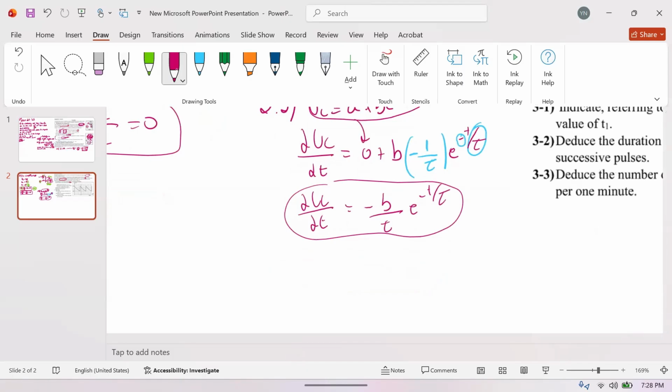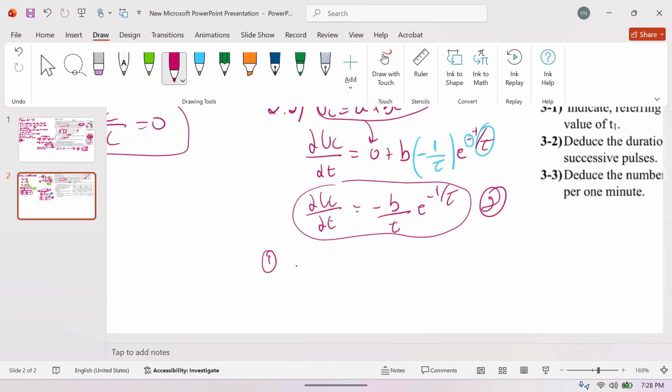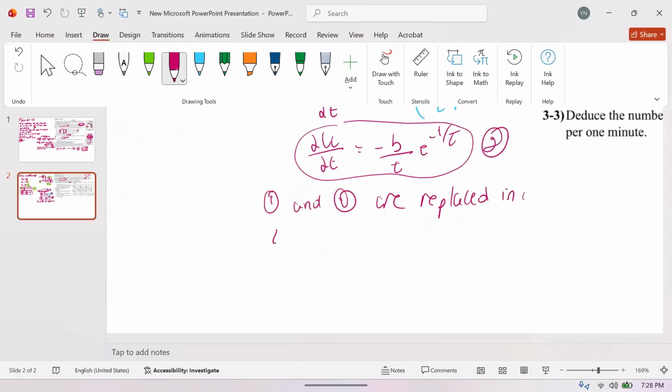The third step, we replace expression 1 and expression 2 in the differential equation. So 1 and 2 are replaced in the differential equation, which is what? It's E over R prime C equals, I'm sorry, we don't have a bracket here. We have duc over dt plus uc over R prime C equals 0.